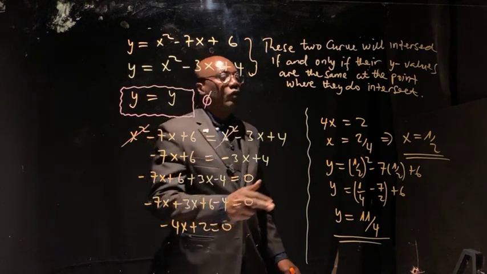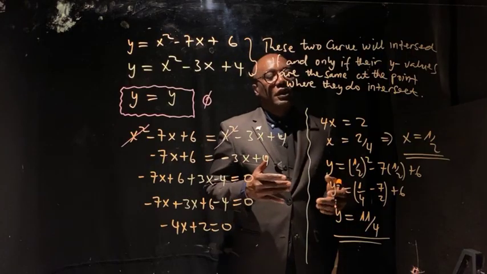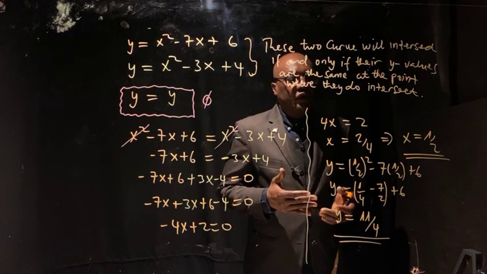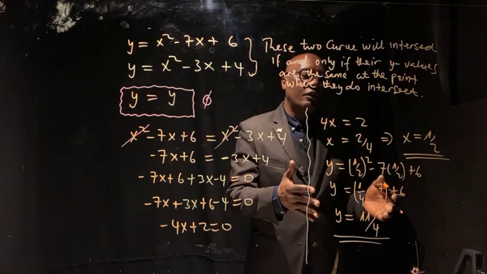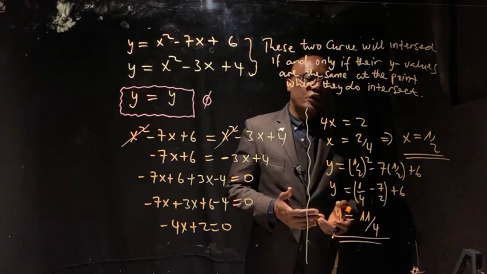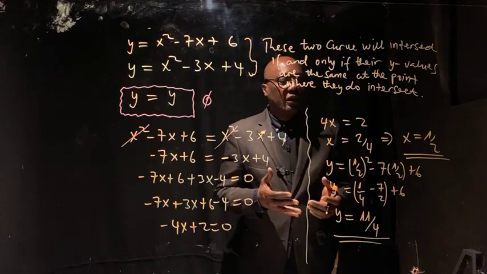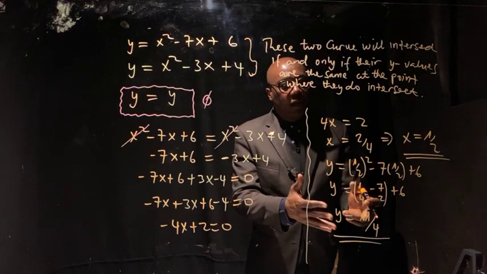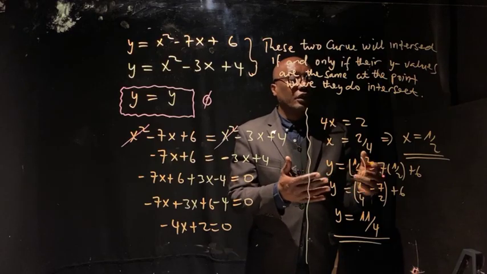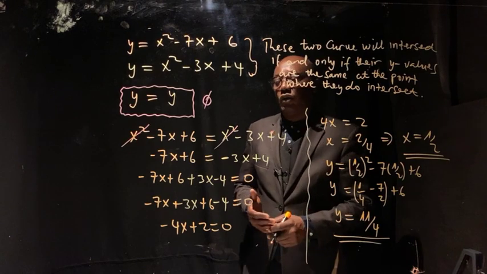So by the time we found this one, we were done with the question. But based on a free gesture, we extended ourselves to find the y value, which is not bad. So the proper coordinates of intersection are x equals half, y equals 11 over 4.